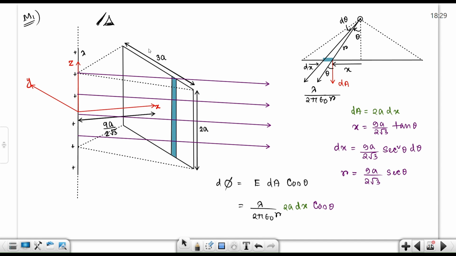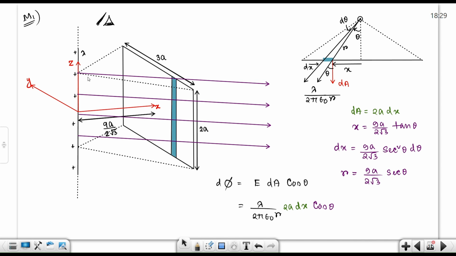This is, you can say, the integration method, which all of you have used in your regular courses, I think. So I will take a long thin strip here, and I will integrate it for the whole body. All of you know that the field lines created by an infinitely long wire are always radially outward.